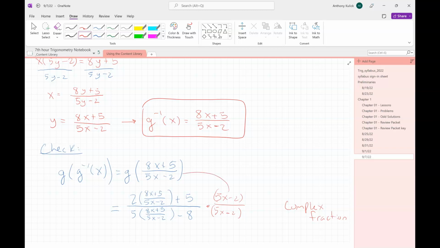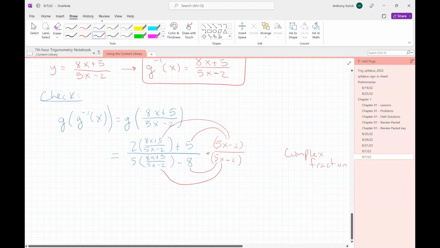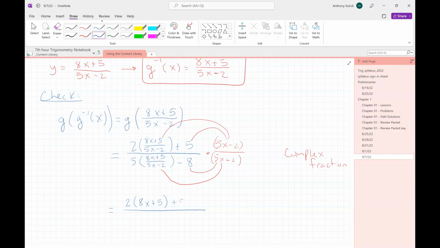Okay. So when I multiply, these things have to distribute in. Everybody's cool with that? When I multiply 5x minus 2 to the fraction 8x plus 5 over 5x minus 2, the 5x minus 2's cancel. And then I multiply to the plus 5.